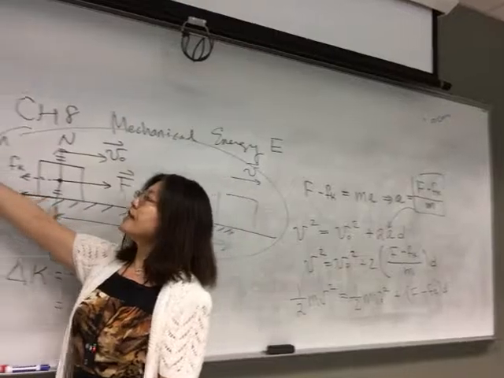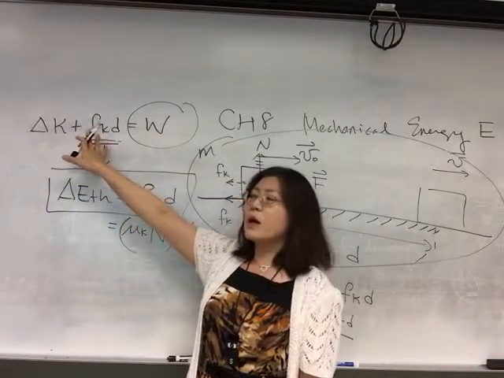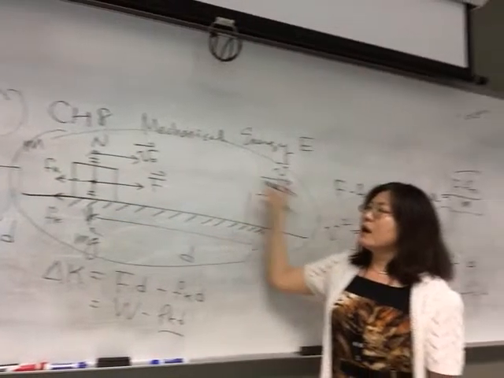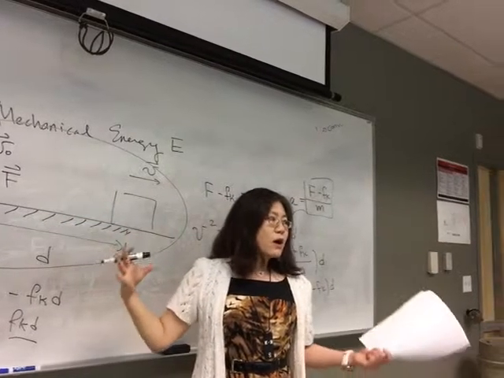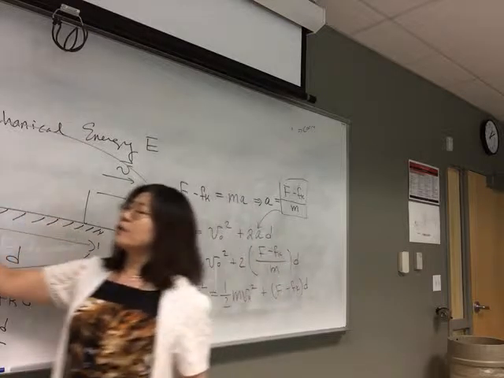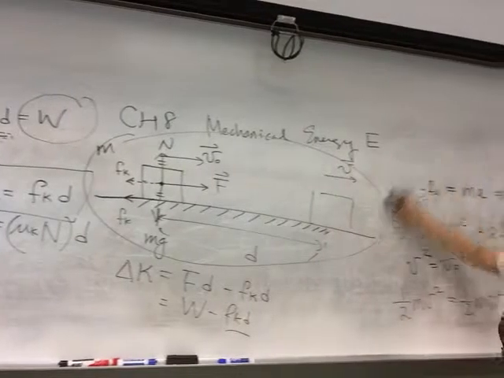The work done by the force goes to change the kinetic energy and goes to being dissipated as thermal energy. But when you consider the whole thing as a system, it is still a confined, isolated system, so energy still has to be conserved. So that's why you have to include this term.